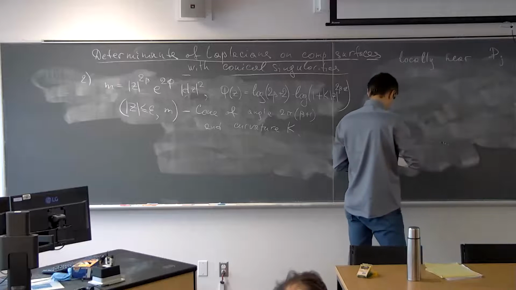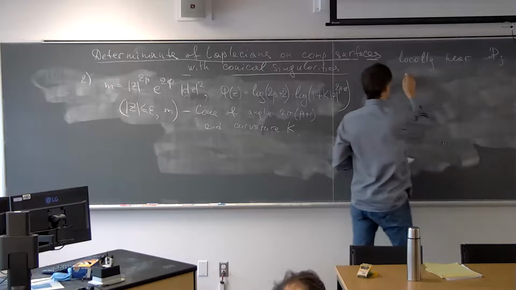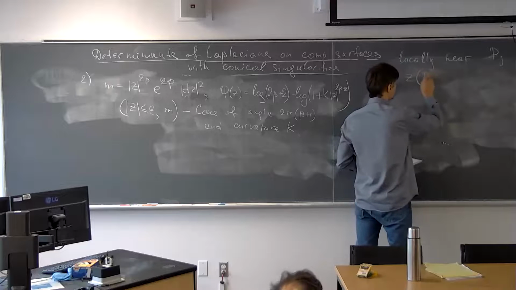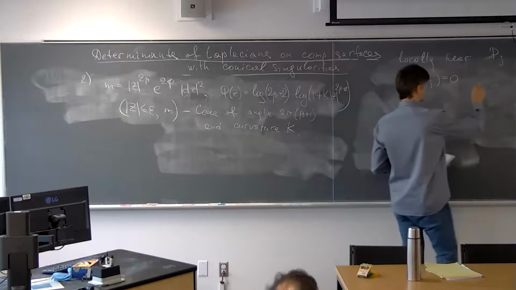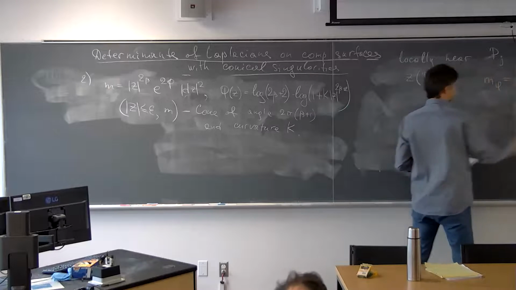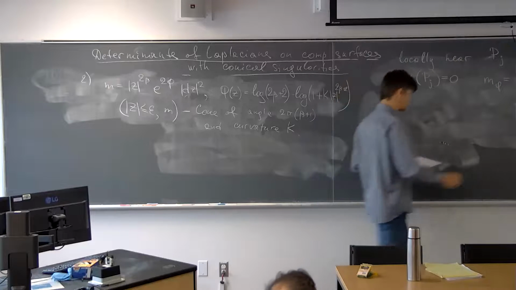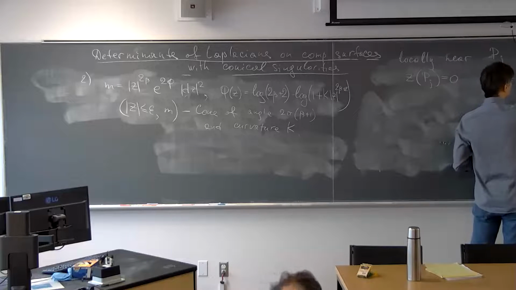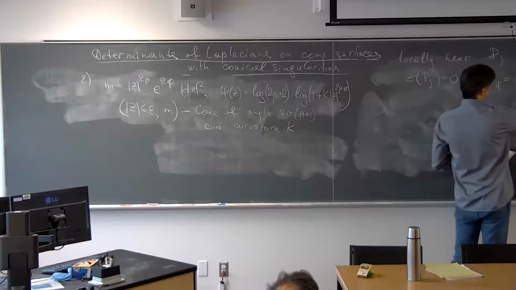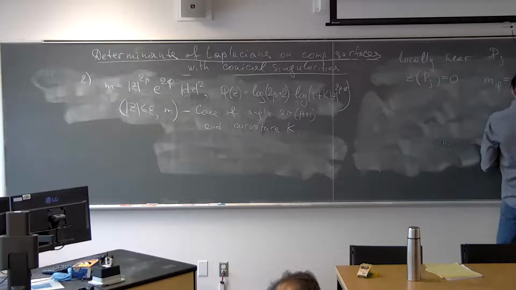We take a local holomorphic parameter centered at this singularity, and in this local holomorphic parameter the metric can be written in this form. It's the absolute value of z, with the power being double the order of the conical singularity, and then some metric potential, squared.